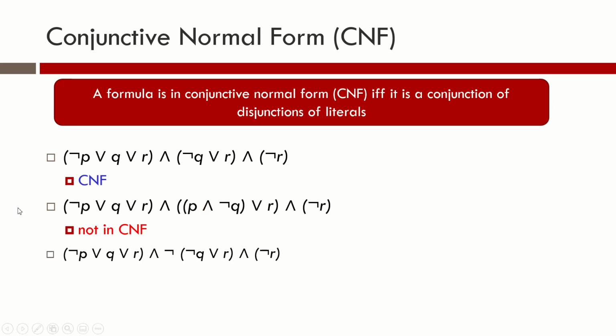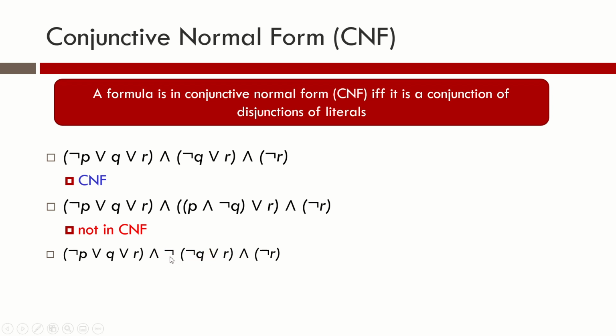Now what about this formula? We have only disjunctions, and all the disjunctions are connected using conjunctions. But this part is negation of negation Q or R, right?